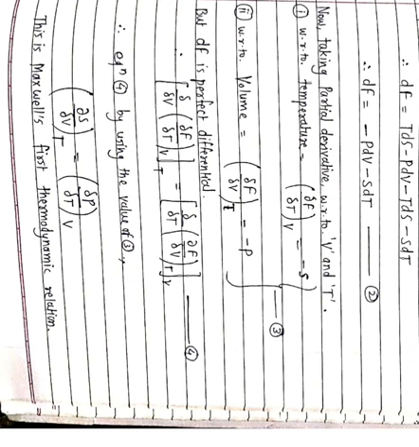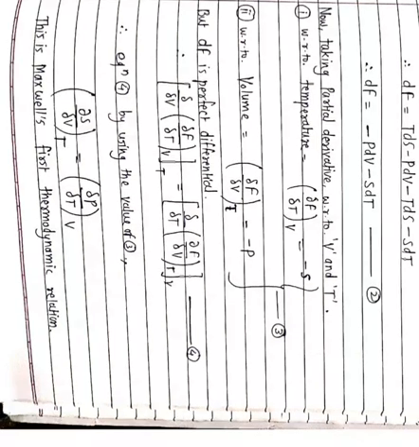But dF is a perfect differential. Therefore, ∂/∂V of (∂F/∂T at constant volume) at constant temperature is equal to ∂/∂T of (∂F/∂V at constant temperature) at constant volume.